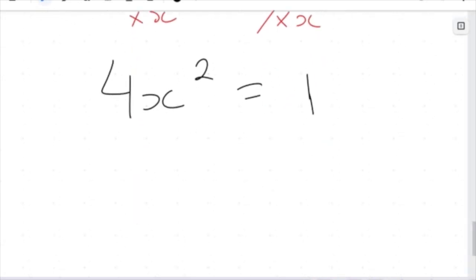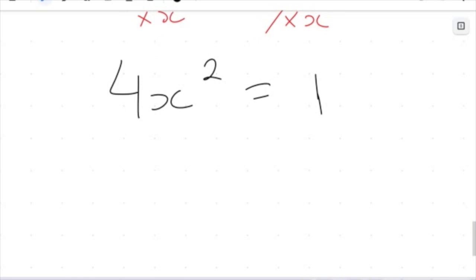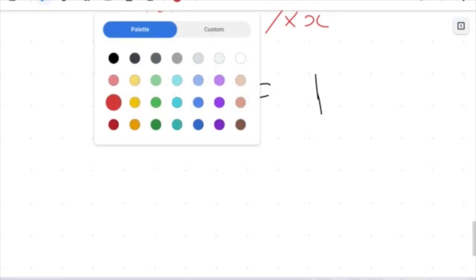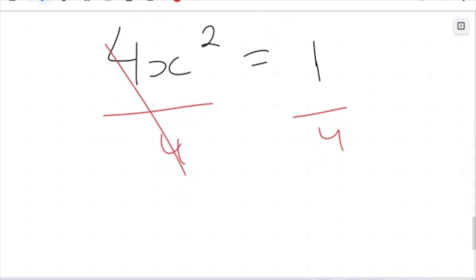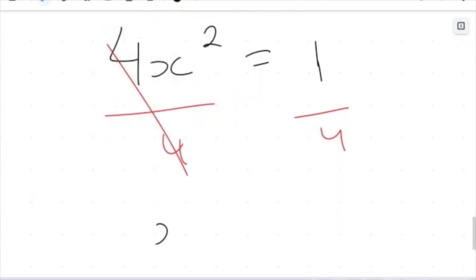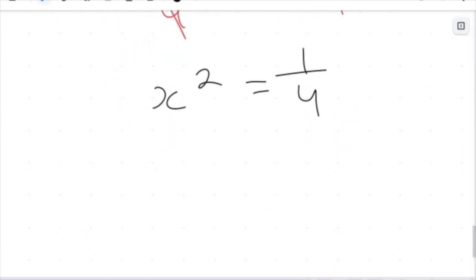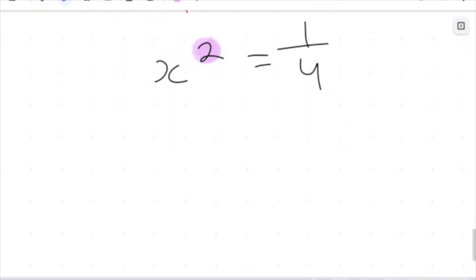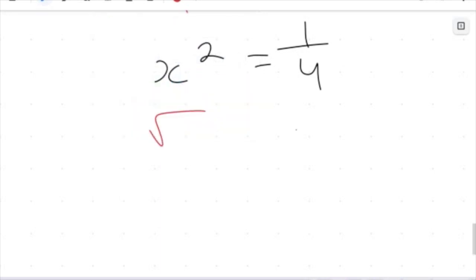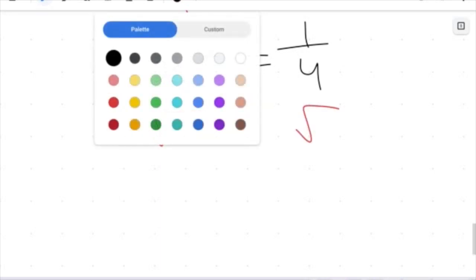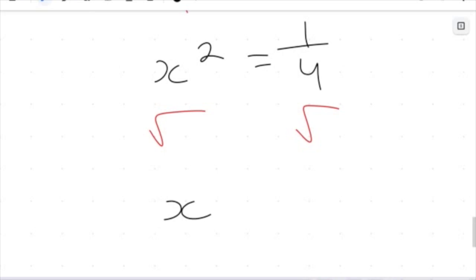Okay, so that's good. Now we just want to get the x on its own. So we want to isolate just the x. So we're going to divide both sides by 4. That's going to cancel out this one here, leaving me with x squared on the left hand side, equaling 1/4 on the right hand side. And I want to undo the squaring here because I don't want x squared, I just want x. So I'm going to take the square root of both sides. That gives me x on its own here.